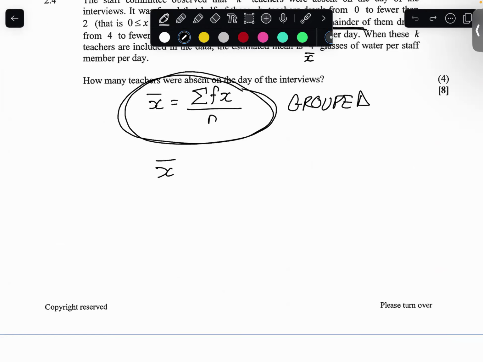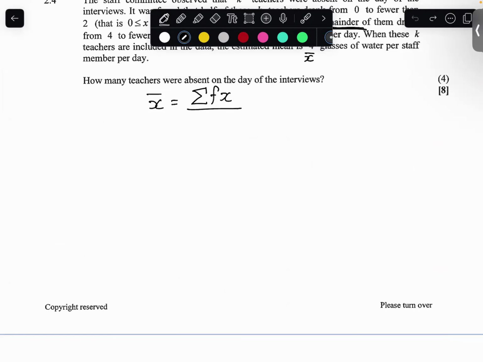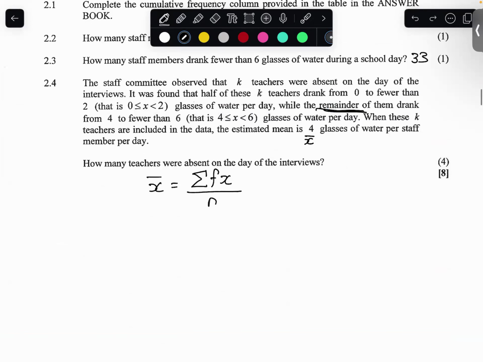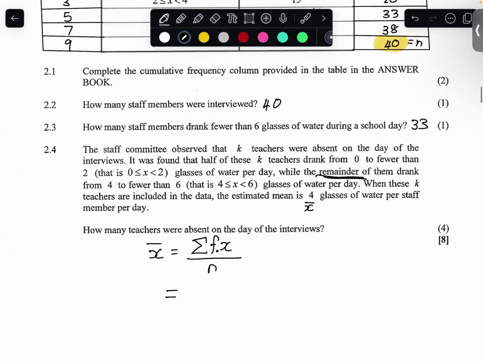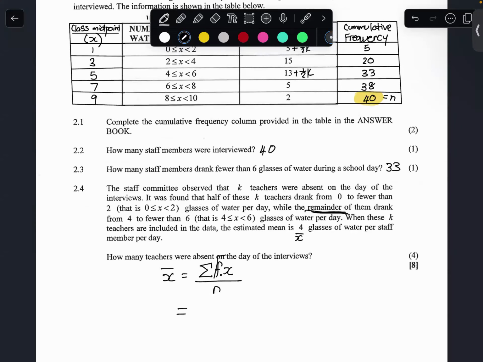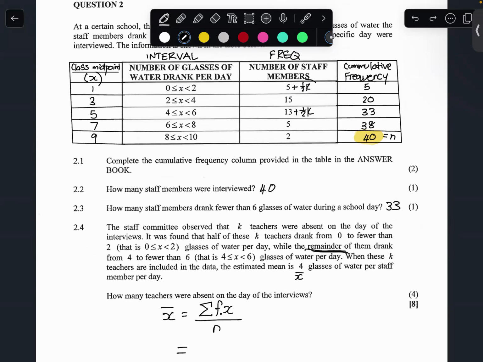So how do I do that without a calculator? This is what we're going to do. It's the sum of the frequency times the data, so the frequency times the data element, it's f times x. So we take the frequency times the data, plus the frequency times the data, plus the frequency times the data, because this sigma sign stands for those pluses between everything, right?